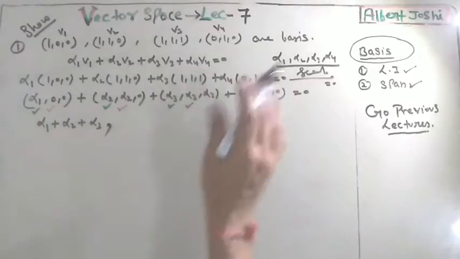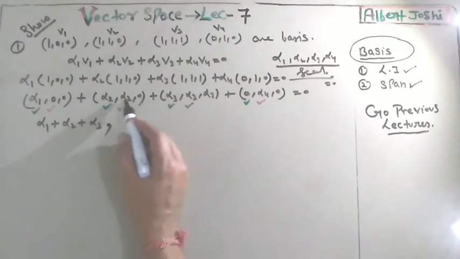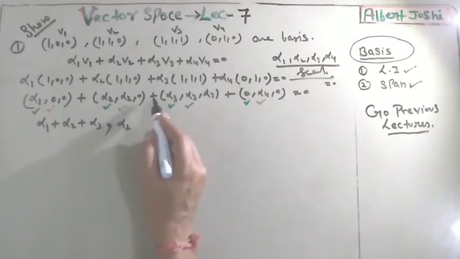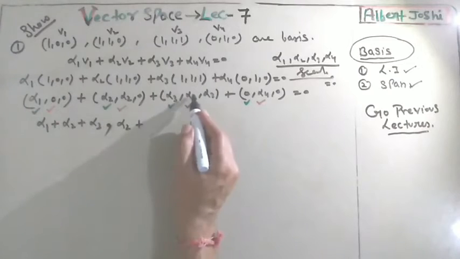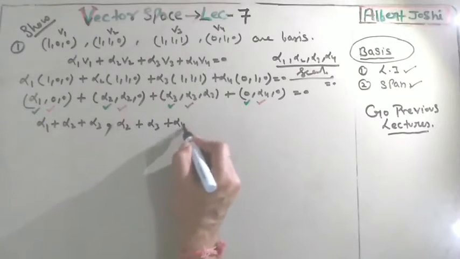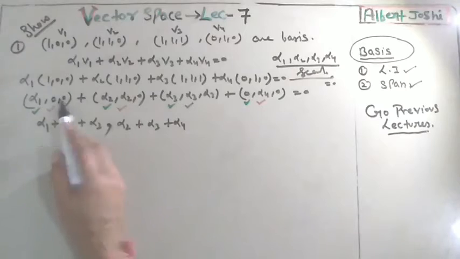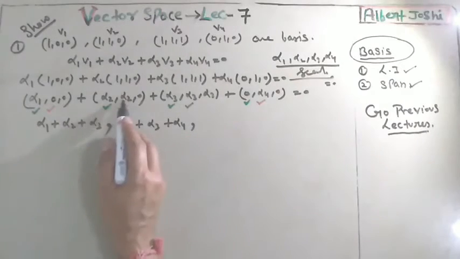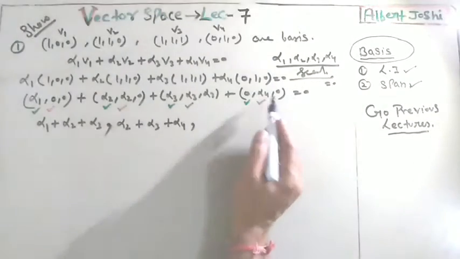The first is 0, I will not write it, neglect it. Then alpha 2, plus alpha 3, plus alpha 4. After the second there is a comma.